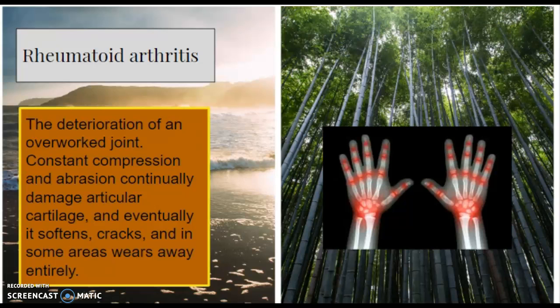Arthritis, the deterioration of an overworked joint: constant compression and abrasion continually damage articular cartilage, and eventually it softens, cracks, and in some areas wears away entirely. This can be found on your knuckles. This can also happen on your wrists.